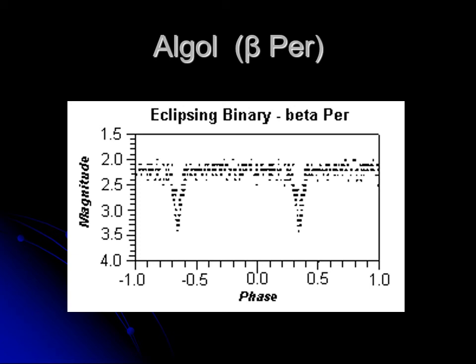It varies in brightness because one star is getting in the way of the other. The star is normally bright, dims down when the dim one gets in front, and brightens back up again. There's a little dip where the dim one goes behind it. It doesn't really change it by that much, and then it dims down again here. That's the eclipsing binary.